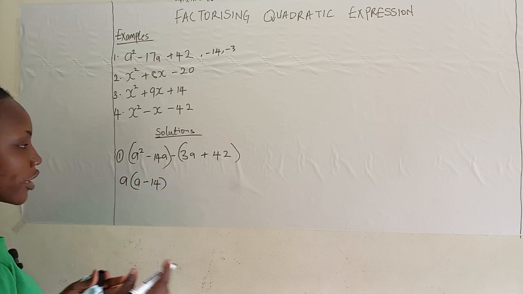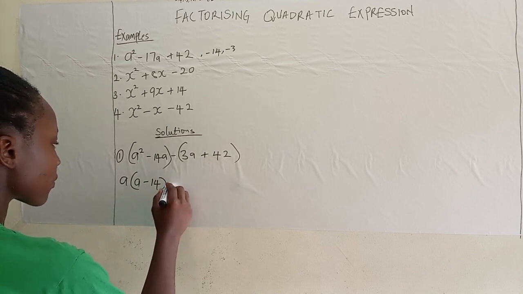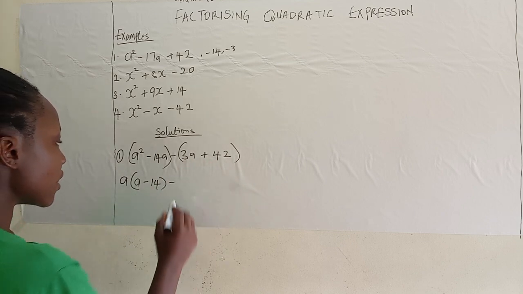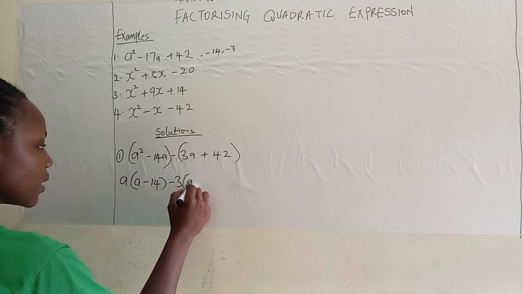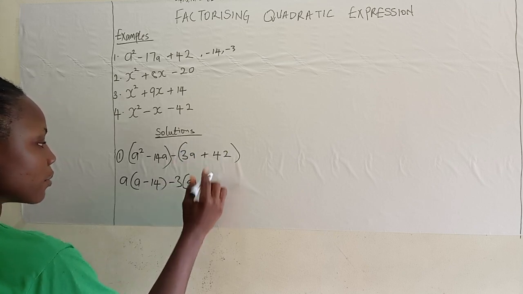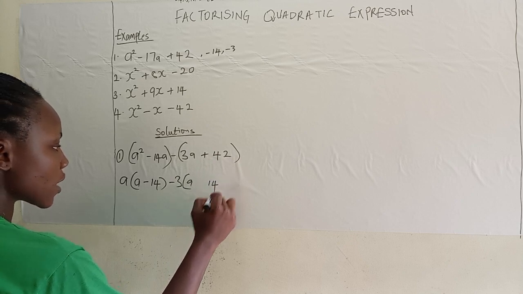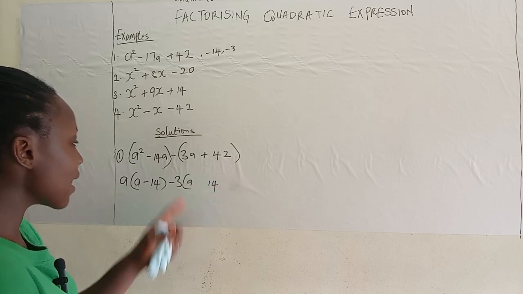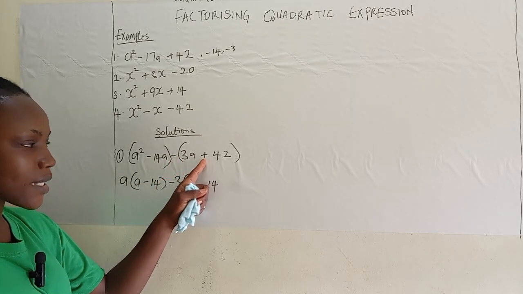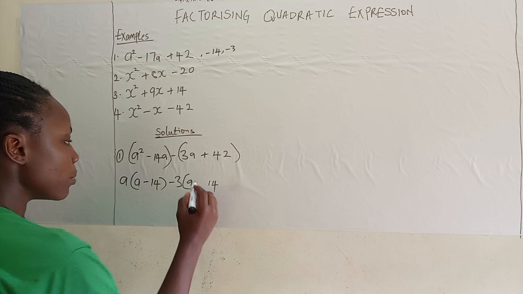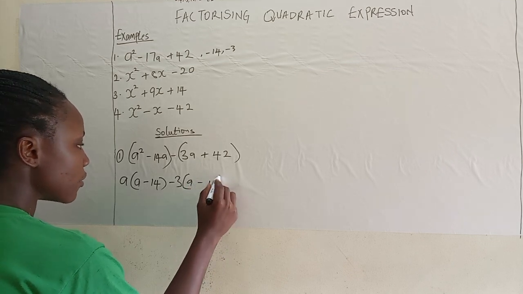We repeat the same thing here. The factor we have here is 3. Here is remaining a, here is remaining 14. Now this negative sign is going to affect this sign, making it negative.